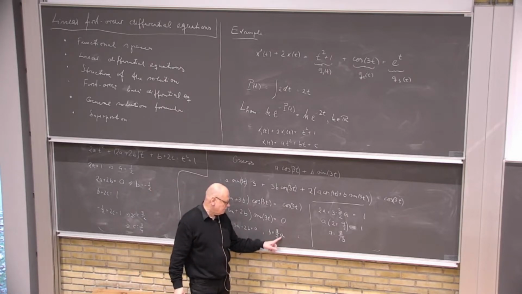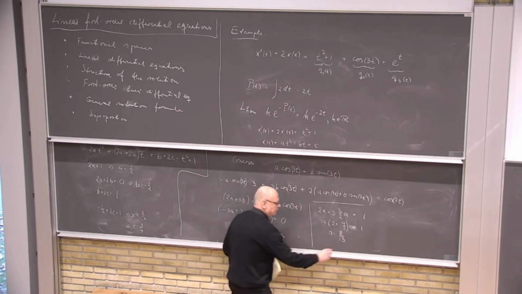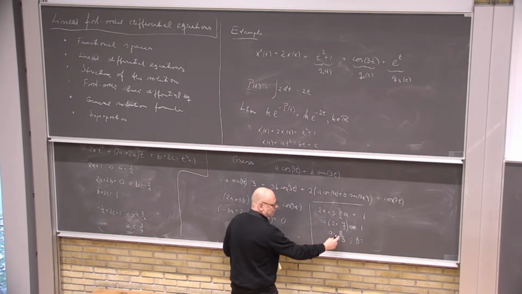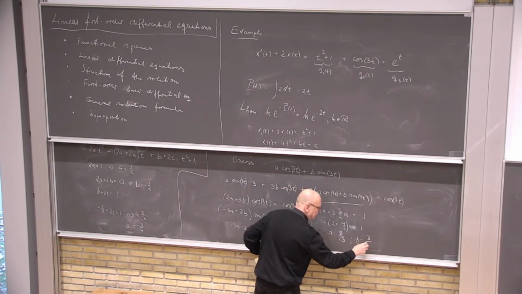And when I have a, I can compute b. I multiply this by 3/2, I get 3 divided by 13.